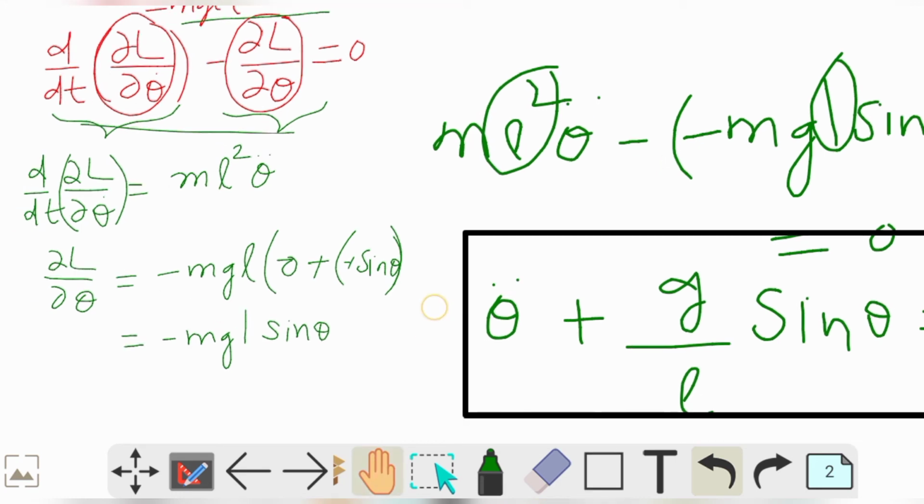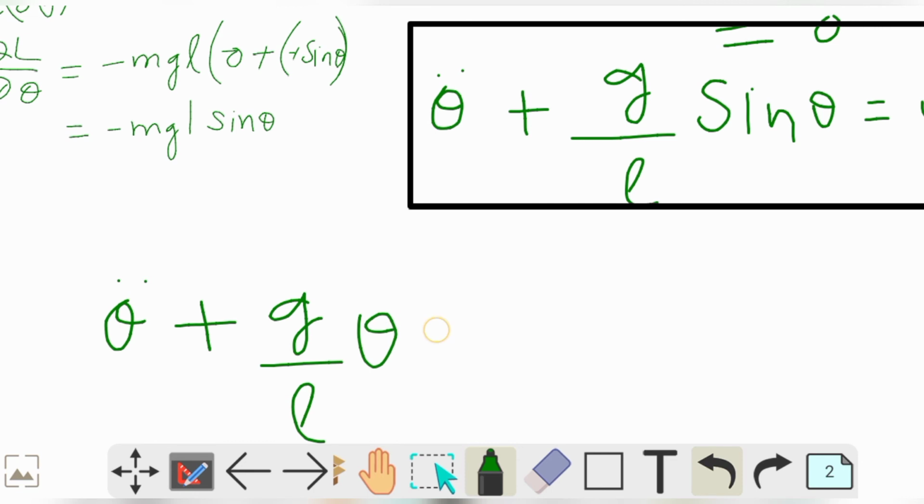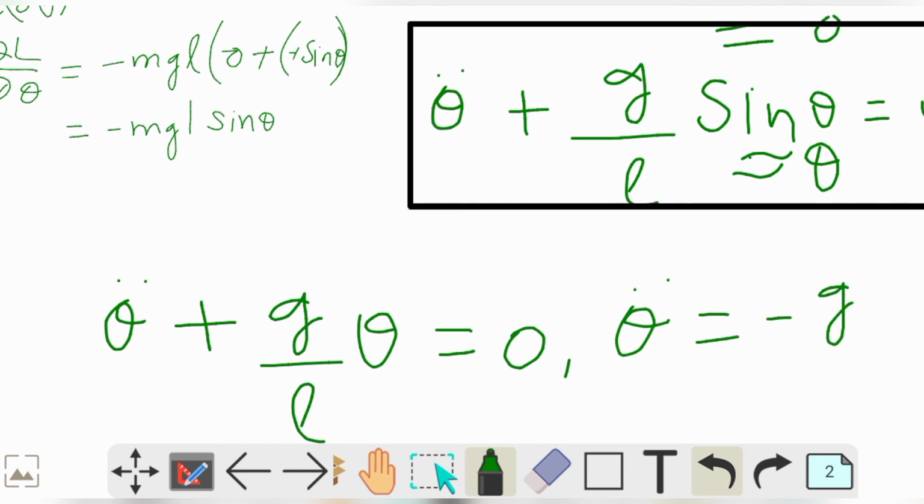Now what happens if this pendulum executes small oscillations? Theta double dot plus G by L theta, because sin theta is approximately equal to theta when theta is small. So theta double dot is equal to minus G by L theta.